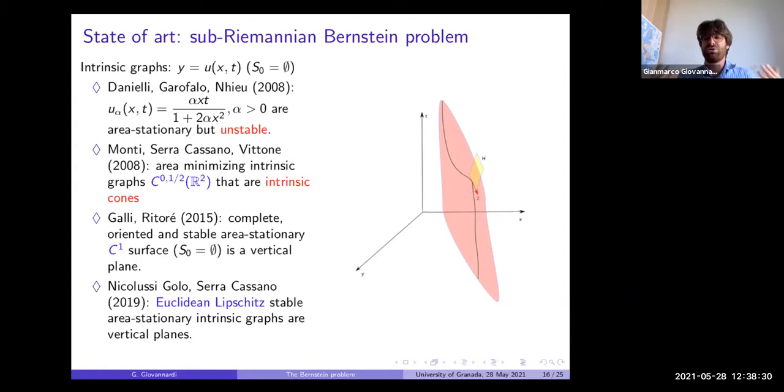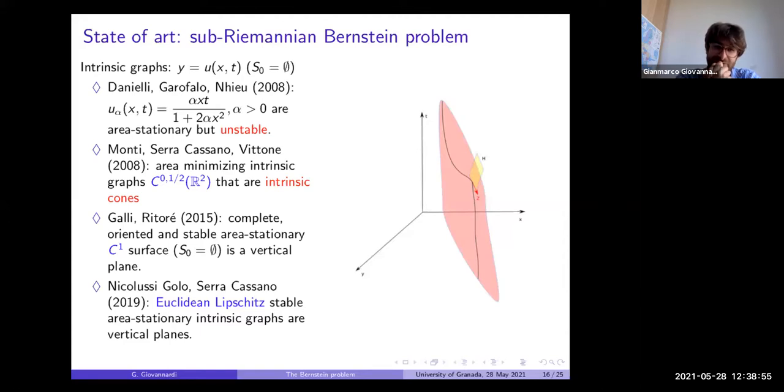So if you lower the regularity, the solutions are intrinsic cones. We have seen that in dimension 8 in the Euclidean case, but in this case, with low regularity of order 1/2, you have area minimizing intrinsic cones.